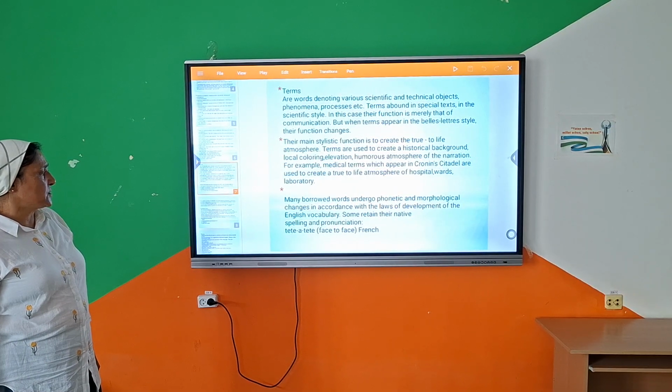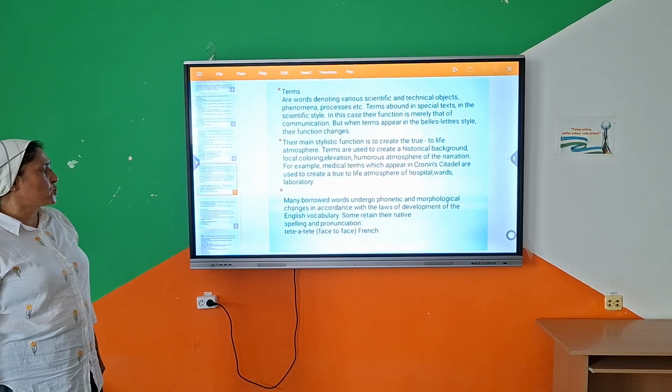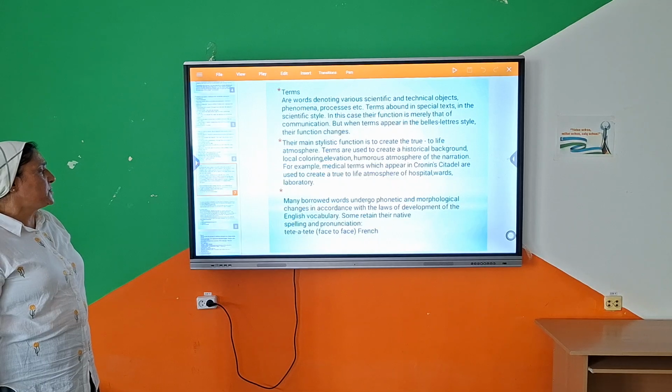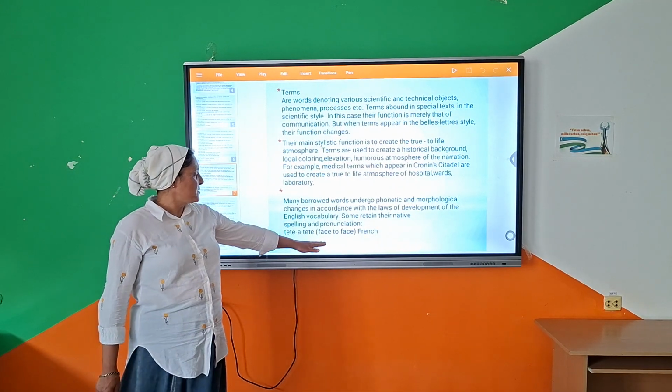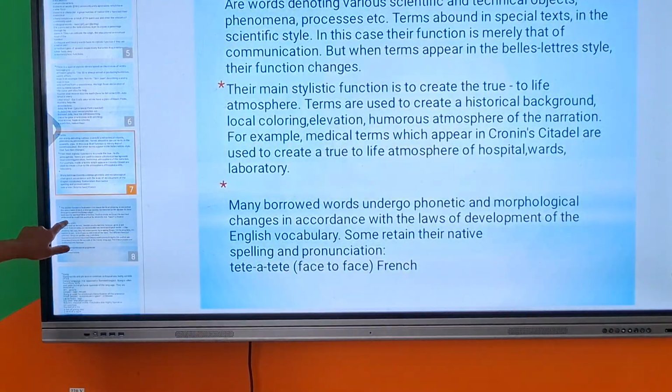Many borrowed words undergo phonetic and morphological changes in accordance with the laws of development of the English vocabulary. Some retain their native spelling and pronunciation. For example, tête-à-tête, which means face-to-face, is borrowed from the French language.